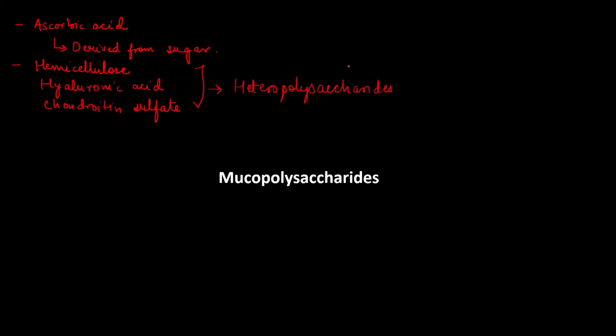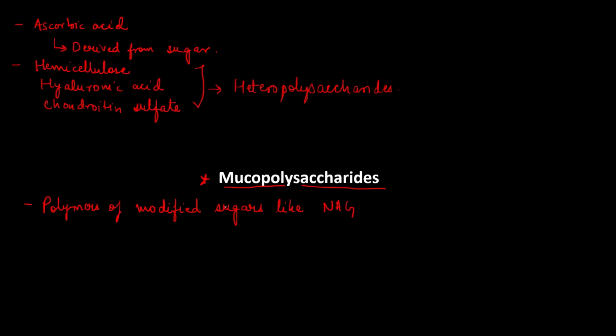Now, apart from these polysaccharides, let's study the last polysaccharide, that is mucopolysaccharides. So what are mucopolysaccharides? These are the polymers of modified sugars like NAG and NAM. Because NAG and NAM are also modified sugars, right? They are produced by modifying a sugar such as glucose.